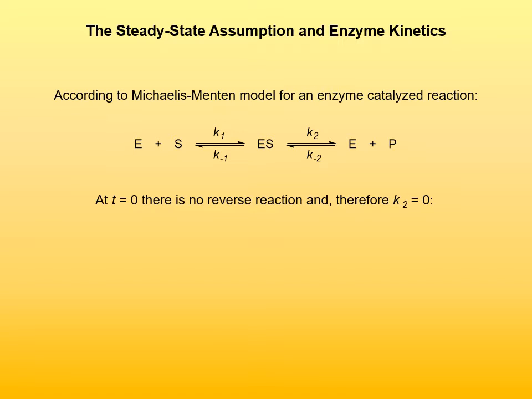If time is 0, so we determine the initial rate, then there can be no reverse reaction since no product is formed. That means that K-2 is 0. But other reactions are still occurring, which means that the first reversible step is still occurring, because that's the step to form the intermediate, the enzyme-substrate complex. So this step is still reversible, and for the second step, only the K2 constant applies because there is no reverse reaction. There is no product.